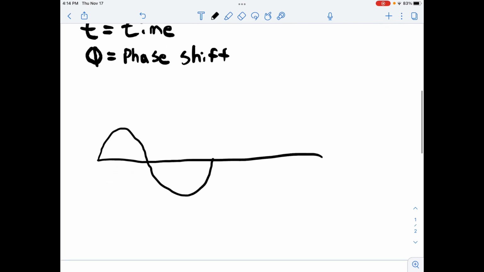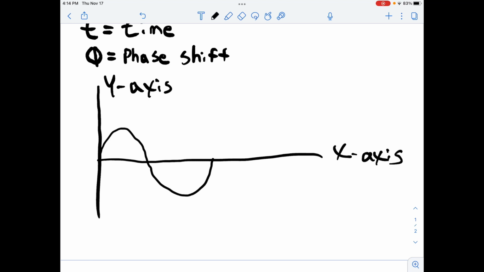In other words, just say if this is the y-axis, this is the x-axis.